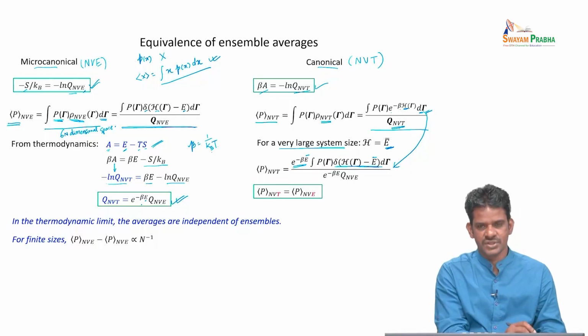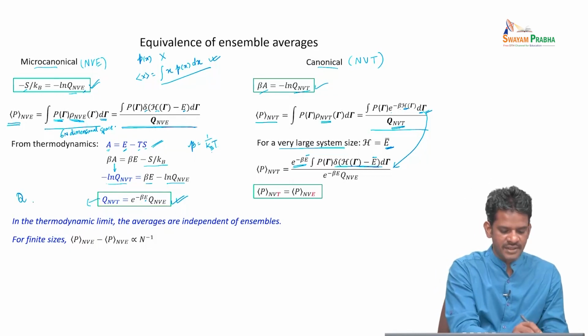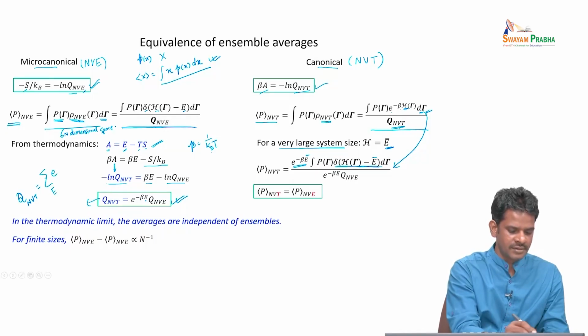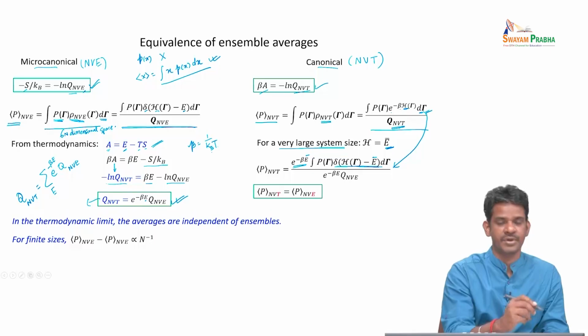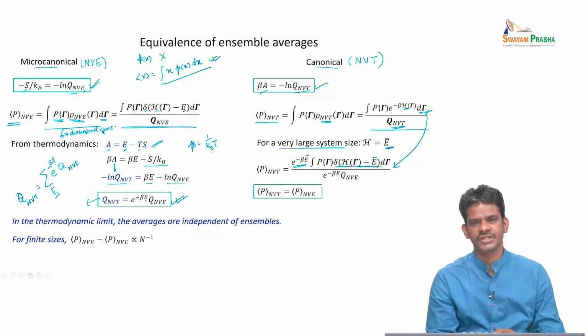Suppose if the system size is not infinitely large and if it is finite, this expression should have been something like this. You sum over all energies E. So, this should have been the actual expression, but now we are not allowing a large variation in energy, we are talking about one single average energy. So, there is only one component in the summation, and that is what this is.